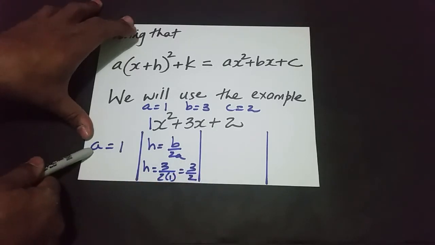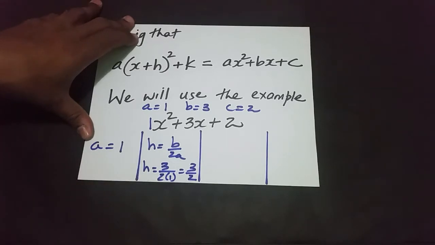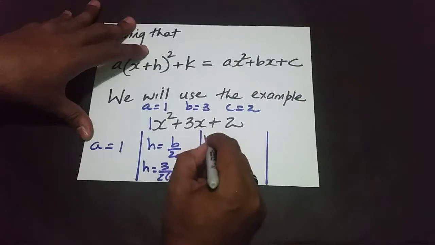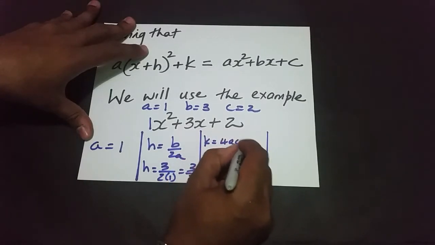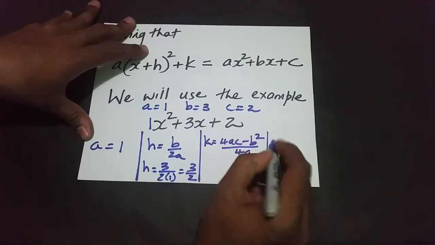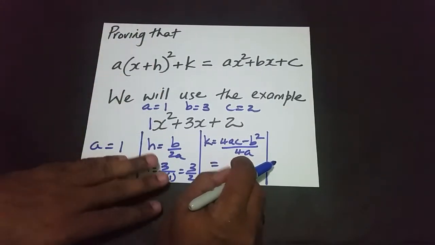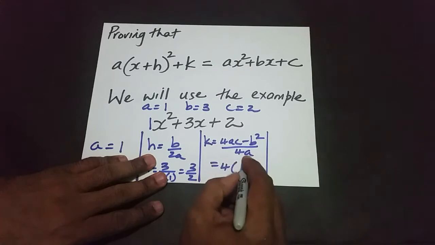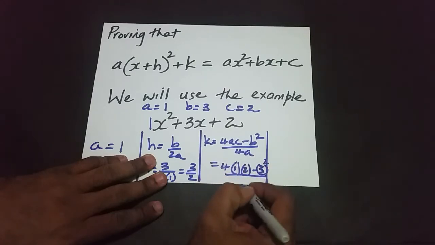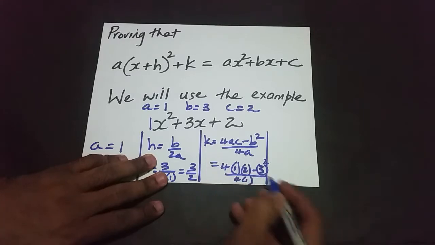So we have A, and now we have H. So the only thing left for us to find now is K. And again, the formula for K is 4AC minus B squared over 4A. So let's plug in the values now. So this would be 4, A is 1, C is 2, and B is 3. So that would be 3 squared over 4 times 1.